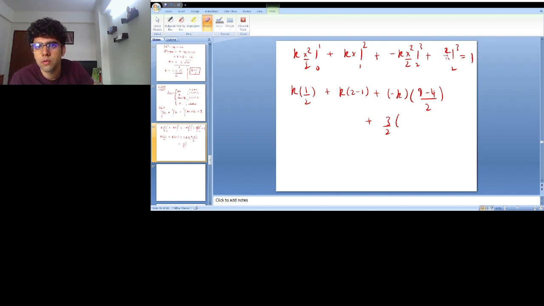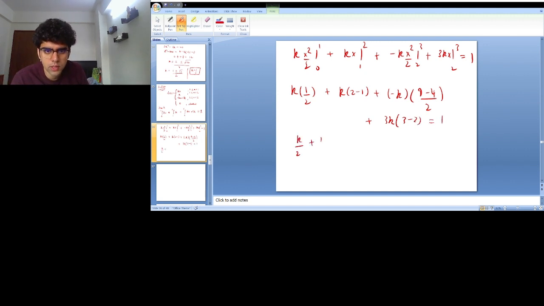So this value is plus 3k, right? So this becomes plus 3kx. So this just gives me not 3 by 2, this gives me 3k into 3 minus 2. This should be equal to 1.